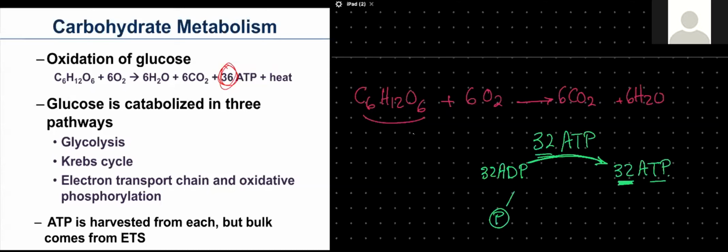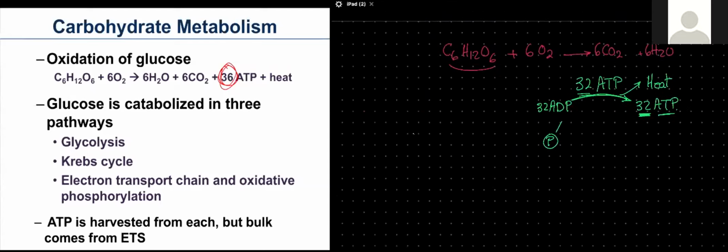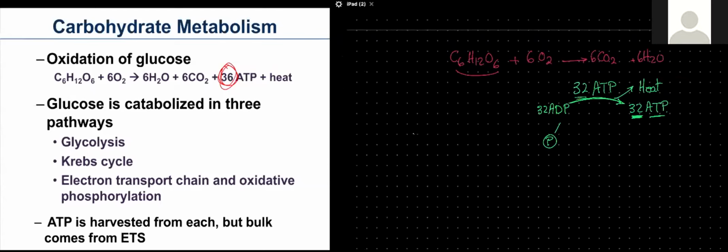So it's not going to be definitely 32 or 38, it's going to be a range of 32 to 36 to 38, according to the amount of energy that will be lost as heat. Some of it gets lost as heat. You're going to see even some textbooks say 38 ATPs, all right?